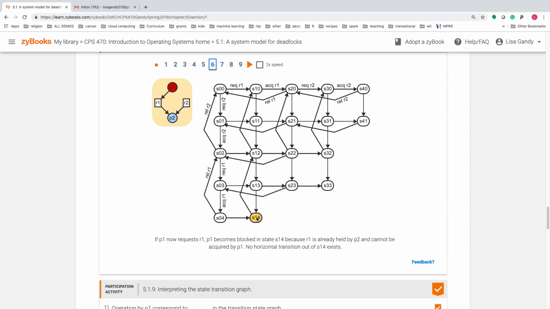So it's a blocked state, but it is not a deadlock state, because once P2 releases R1, then P1 will have access to that state.